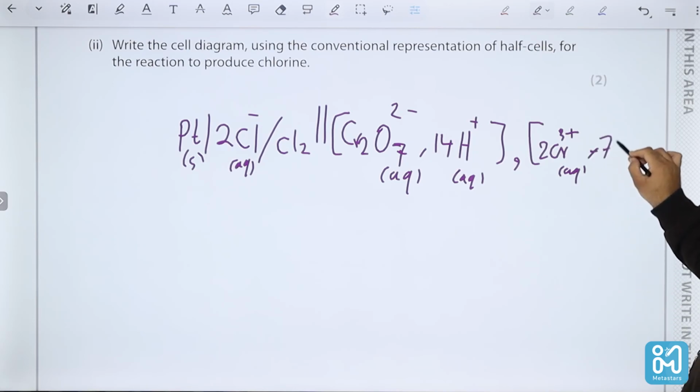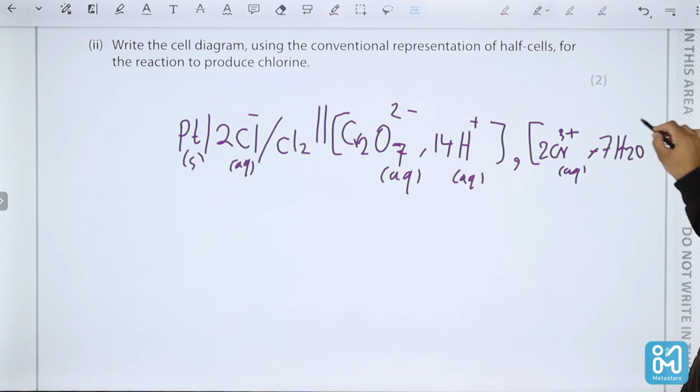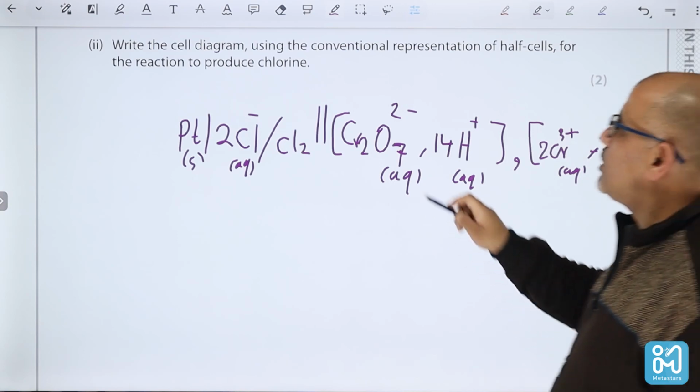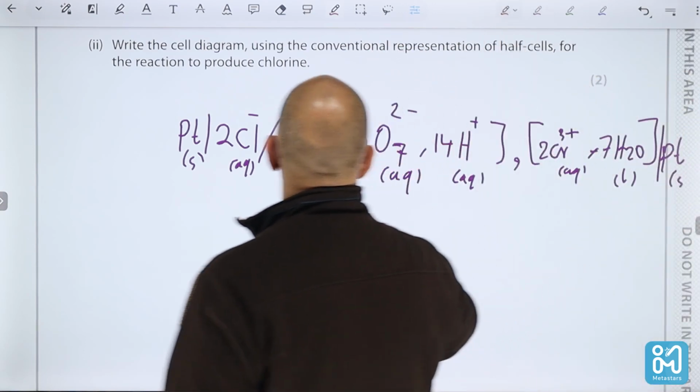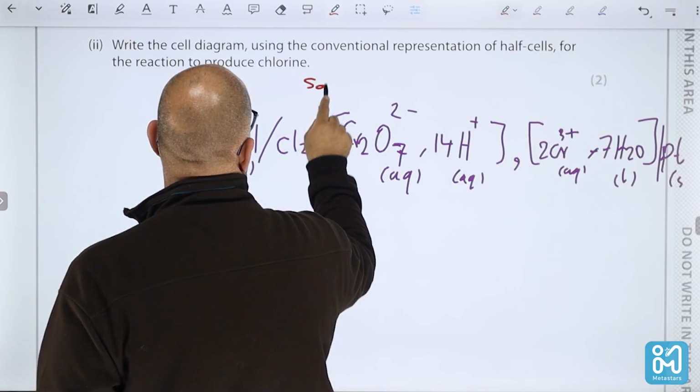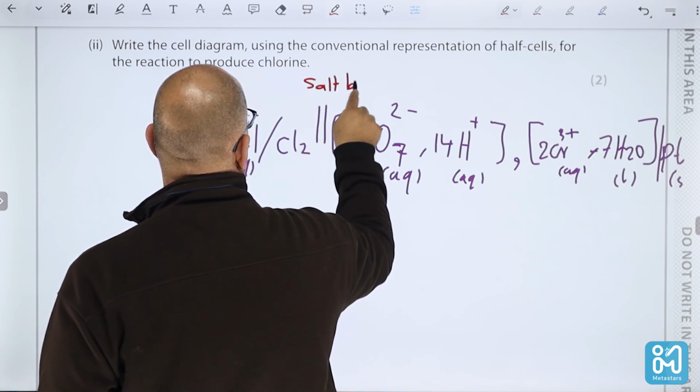You shall close the brackets, and we have platinum solid electrode. That's the way how to write the notation. Let me tell you most important things for the salt bridge.